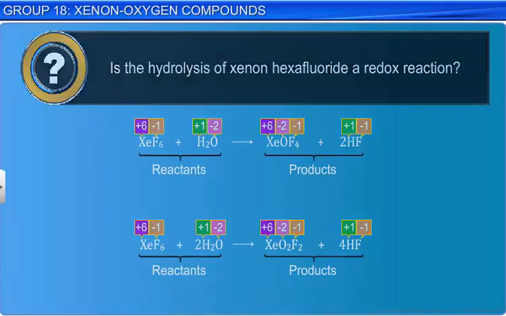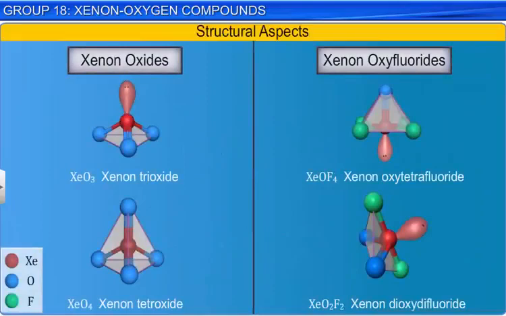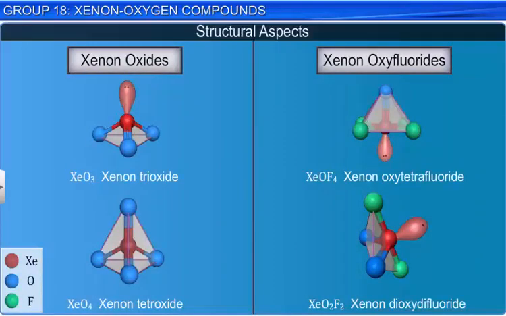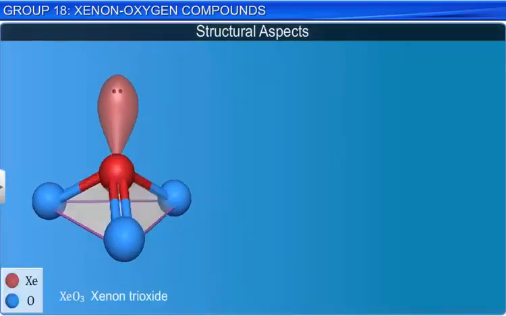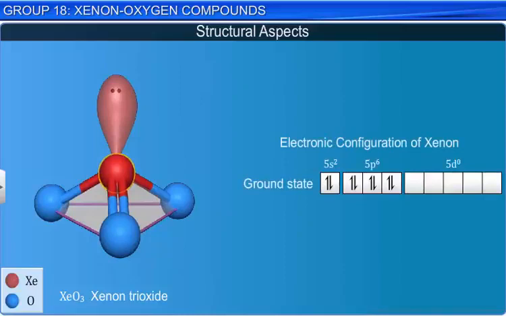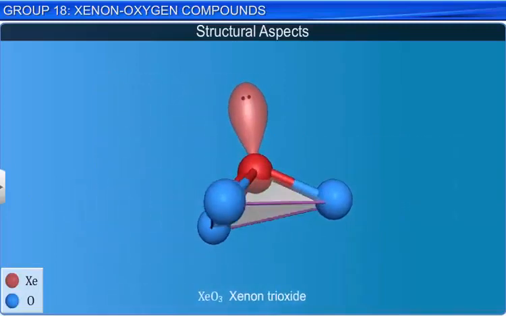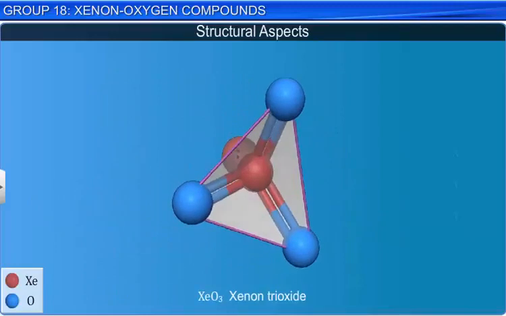Let us now take a quick look at the structural aspects of some of the oxides and oxyfluorides of xenon. The central atom, xenon, in xenon trioxide undergoes sp3 hybridization. Xenon trioxide has 7 electron pairs.